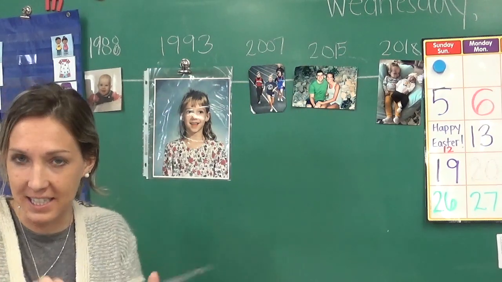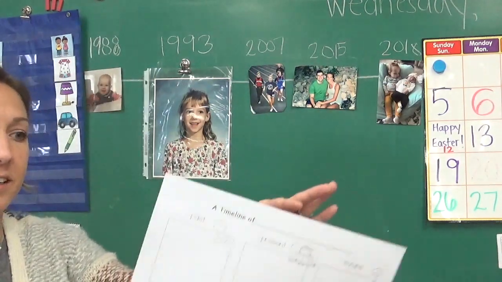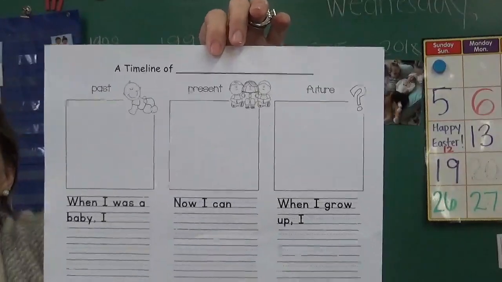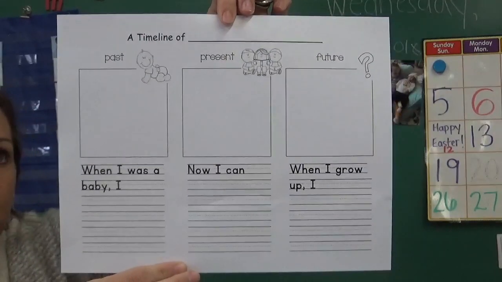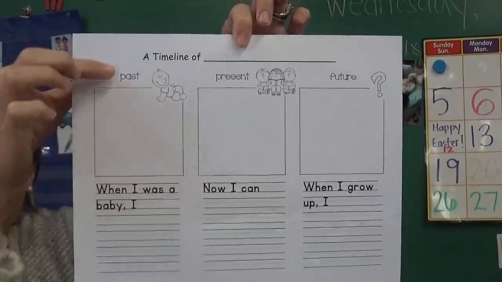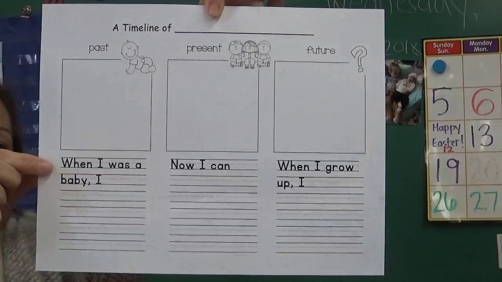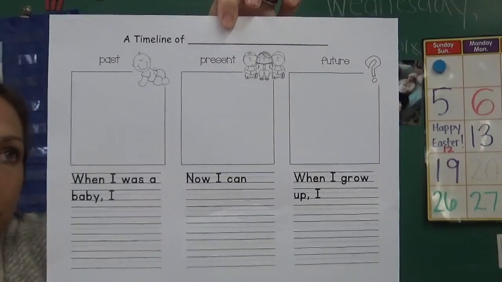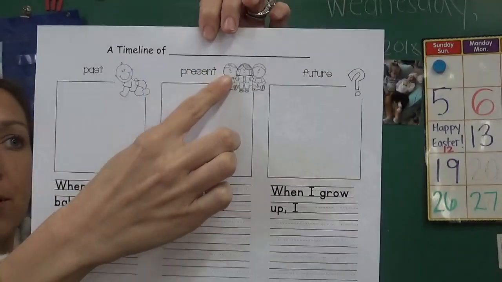Friends, I want to see a timeline of you. So I'm going to attach this paper to today's post, and you get to find a picture from the past of when you were just a baby. When I was a baby, and you could tell me something you could do or something special from the present.